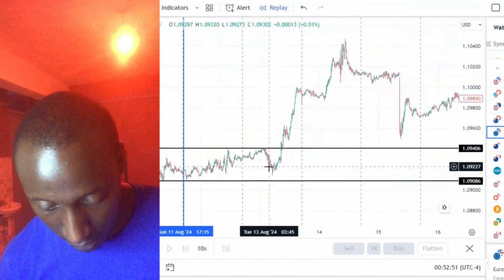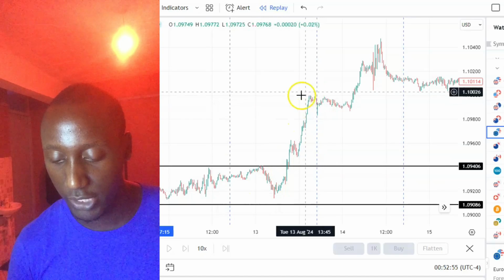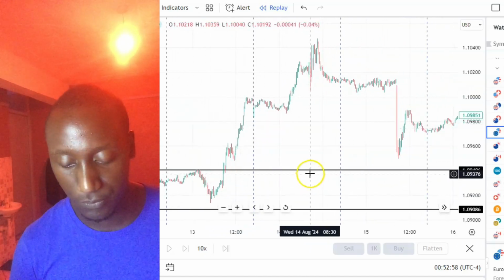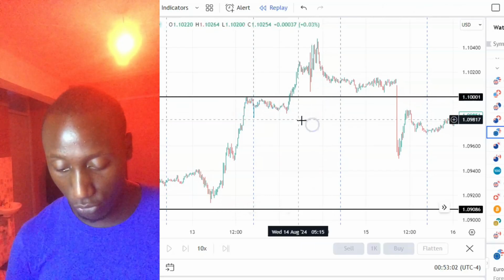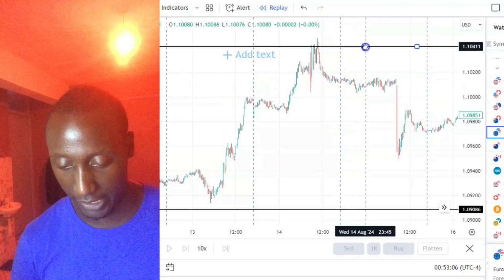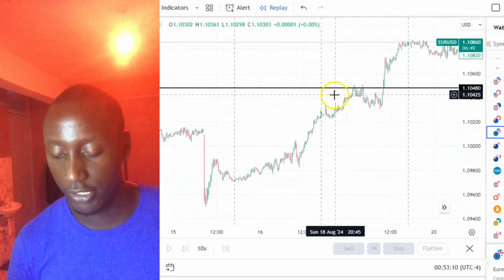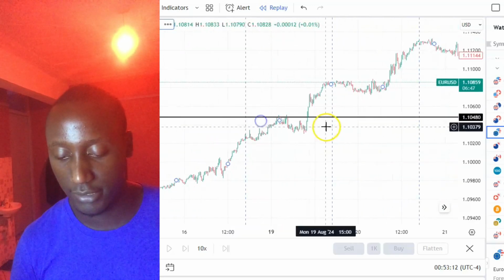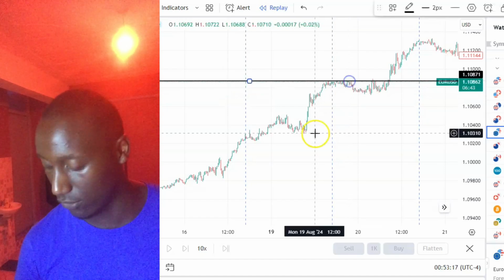And then on Tuesday, price breaks out, closes outside of the range as a breakout. No problem. We expand our high. On Wednesday, price breaks out again and closes outside of the range. We expand our high again. And we did not have any signal until on Monday again, we start the cycle.